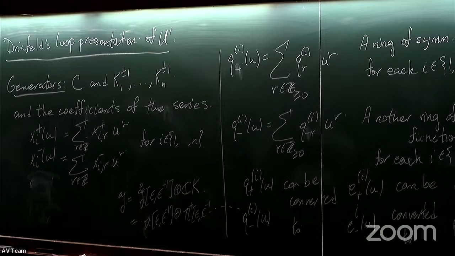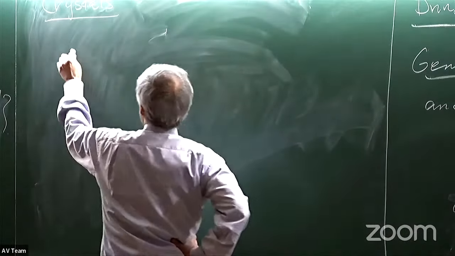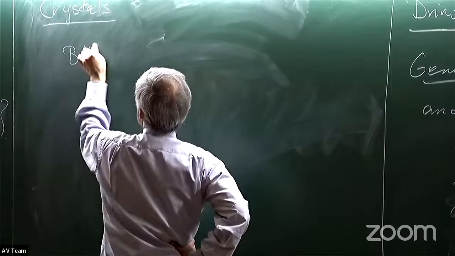So, super. So right. So the next thing I want to talk about is crystals of these things. So I'm going to let the notation be, I want to state the result.